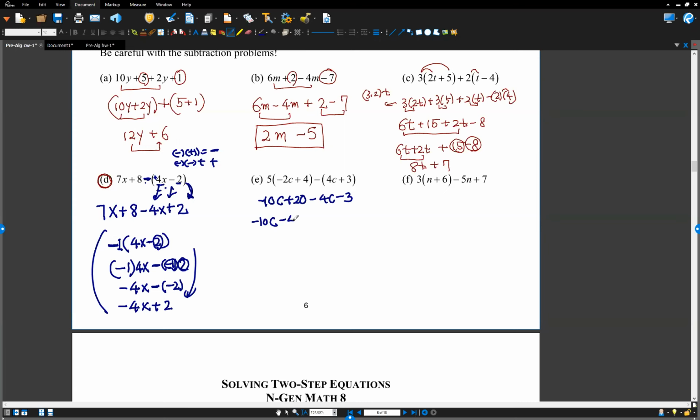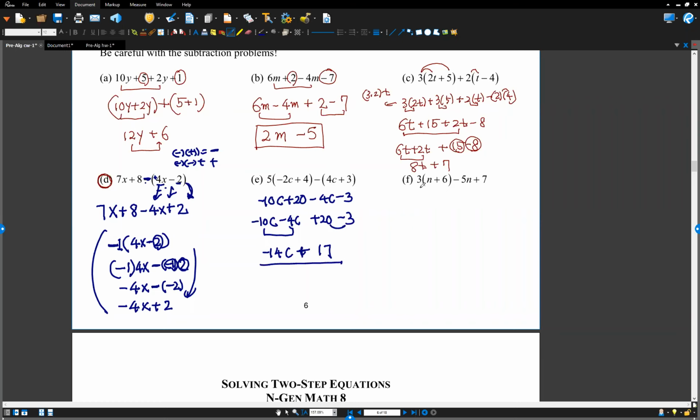Rearrange -4c together and 20 and minus 3 separate. This is like terms, both negative. You can add these two, right? -10, another -4 is -14. 20 minus 3 is what? 17. That's it.